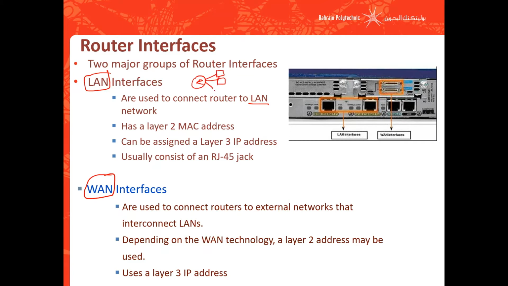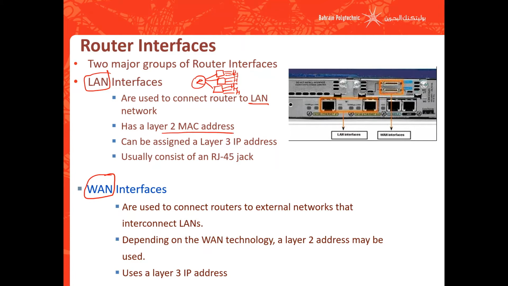I'll just draw boxes for switches, and then these switches have their own hosts. Just write H for each of them. So this means this is a local network. So you have LAN interfaces which are used for the local network, and they have layer 2 MAC addresses.